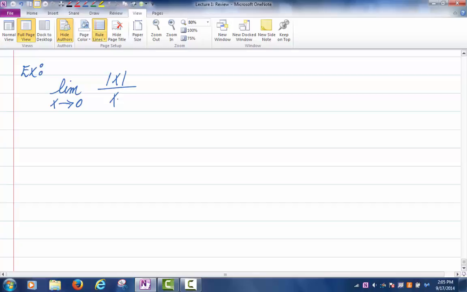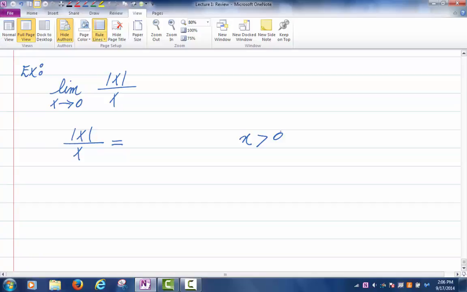Absolute value functions are tedious to work with, so usually you want to get rid of the absolute value sign. How would I do that? Well, x goes to 0 from either side, so x could be positive or negative. We are going to compute this quantity according as x is positive or negative.